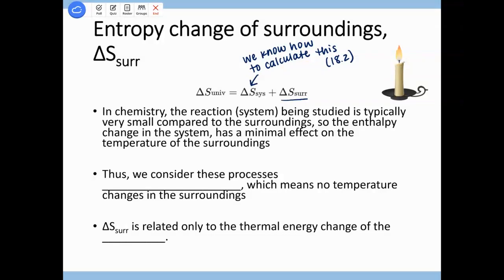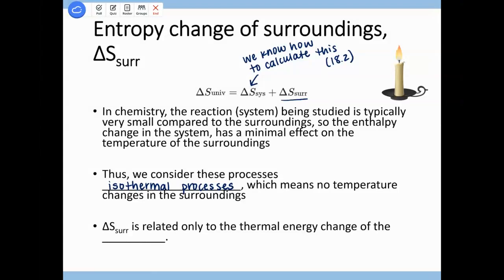So the word for this type of process is an isothermal process, and that just means there's no temperature change in the surroundings. This helps to simplify our delta S surroundings calculations.